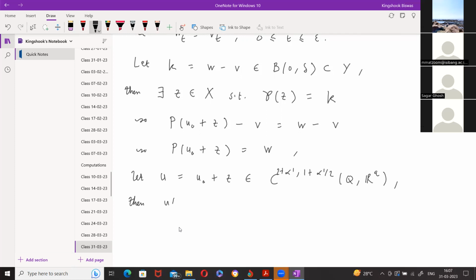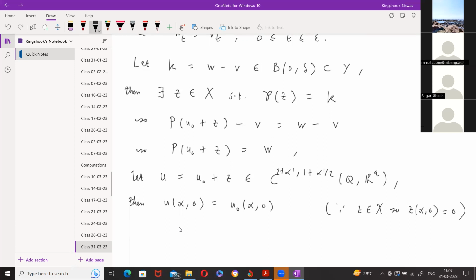U of X comma 0. This is U naught of X comma 0, right? Because Z belongs to X. So Z of X comma 0 is 0, right?